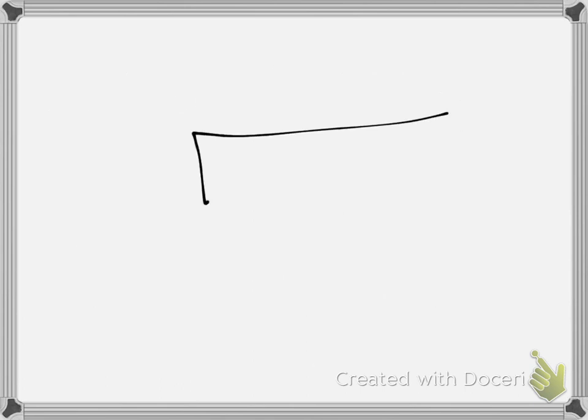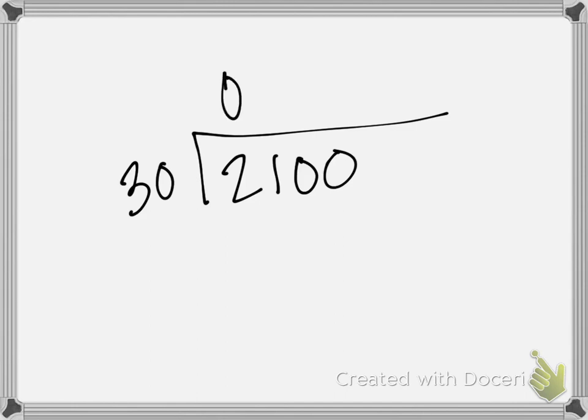Let's look at that. So we get 2,100 divided by 30. Let's see fingers. Can 30 go into 2? No. Can 30 go into 21? No. How many times does 30 go into 210? Let's see your fingers up. 7.